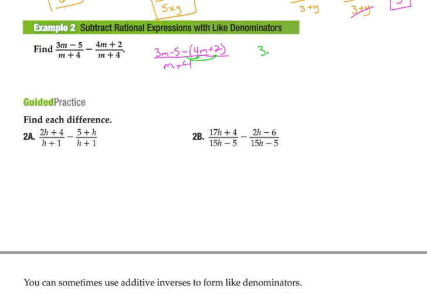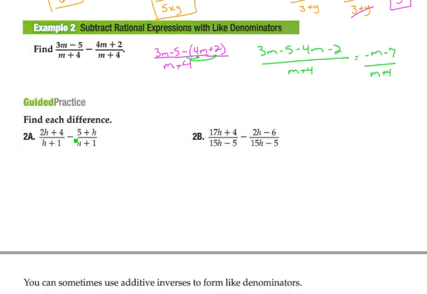So I have 3m minus 5 minus a 4m minus a 2 all over m plus 4, and then I simplify. 3m minus 4m is a negative m. Negative 5 minus 2 is a negative 7, all over m plus 4.